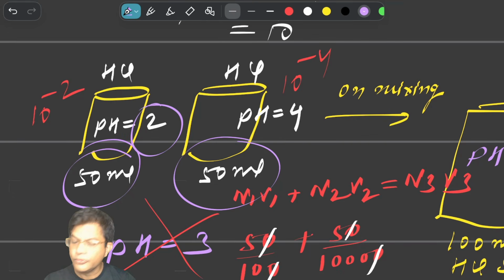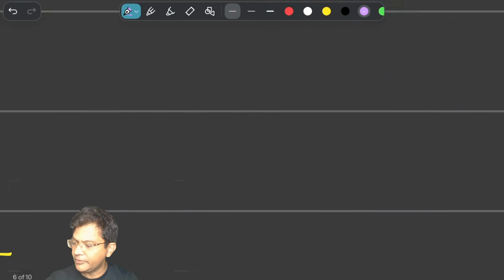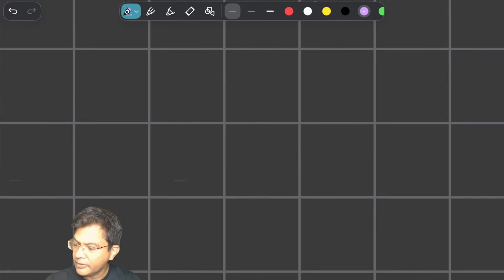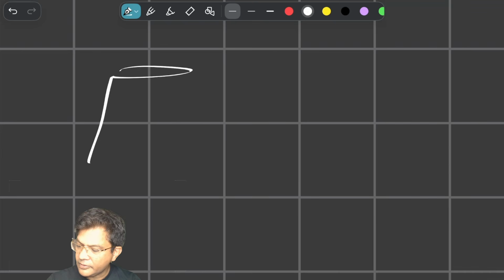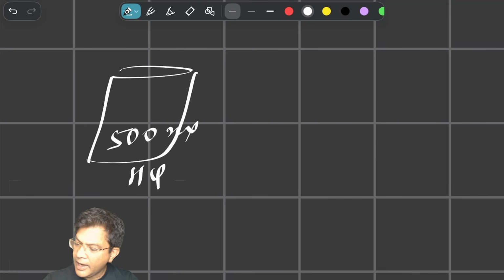So it was 2, and now on adding it will become 2.3. If another question comes, you can directly answer it. Suppose they have given you a question that one beaker is having 500 ml solution of HCl and its pH was 3.